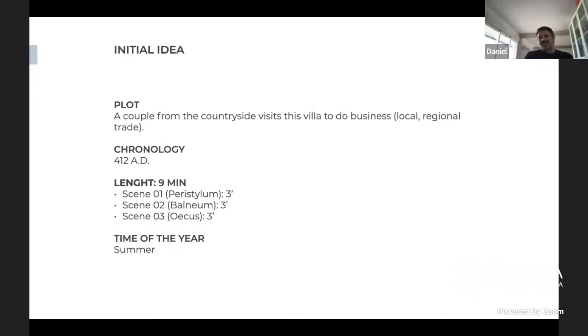Simple and with some brief and clear ideas. Let's say this is our plan, okay? To create a 9-minute, 360 degrees short film whose plot is centered around the Roman Villa of l'Albir. And from here, many things can happen along the way. But the most important thing to do is try to stick to the plan, to the initial plan as much as possible, because things can get difficult along the way.